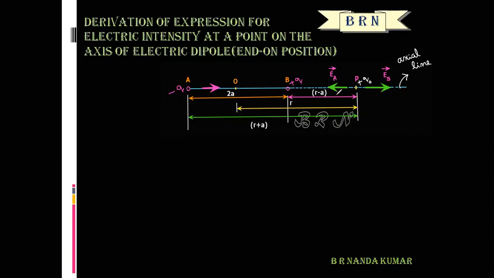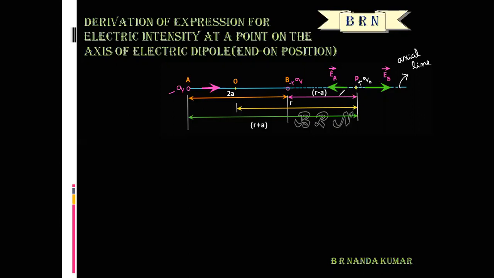Okay, the distance from the observation point P to the center of the electric dipole is r. What is the meaning of r? r is the distance from the observation point P to the center of the electric dipole. So what is the distance from P to B?